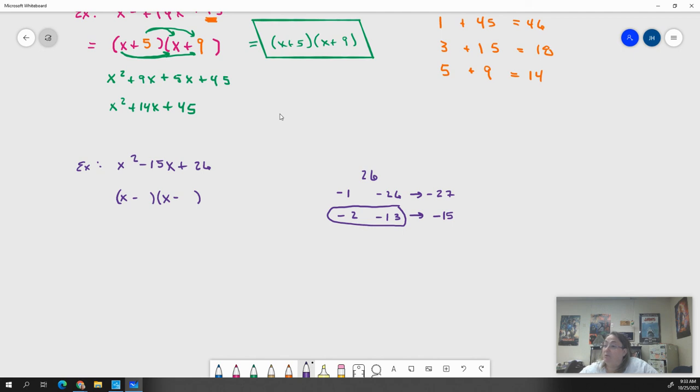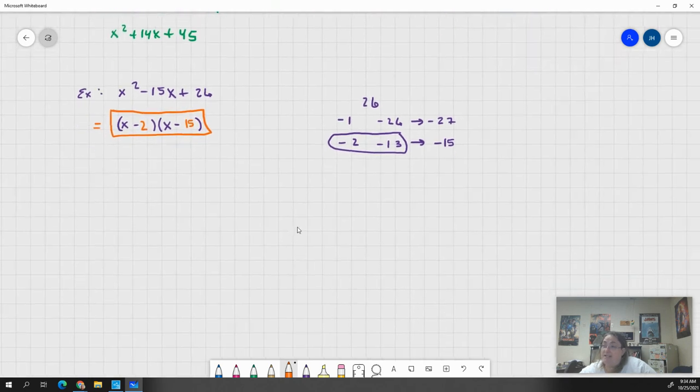And in here, we're just going to go ahead and put in 2 and 13. This is our solution. These are our factors. This is what it breaks down to. That's what we're looking for. Does that make some sense to you?